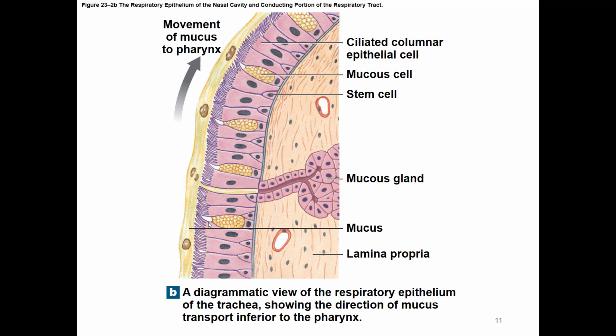And the cilia is, of course, sweeping upward. And you can see that the mucus has trapped some particles in it. And so we're sweeping that up from the respiratory system up to the back of the throat, or your pharynx, where you can then swallow that mucus. And anything caught in it will hopefully be destroyed by stomach acid.